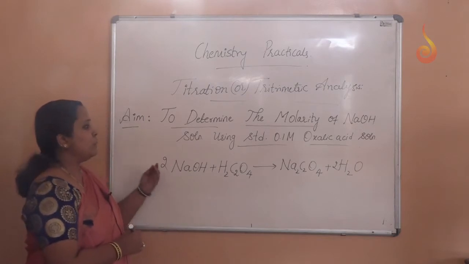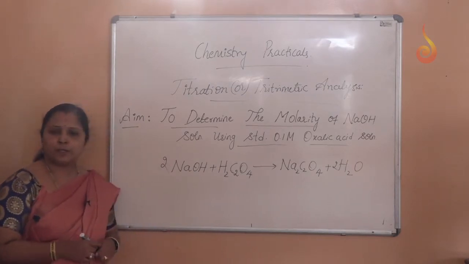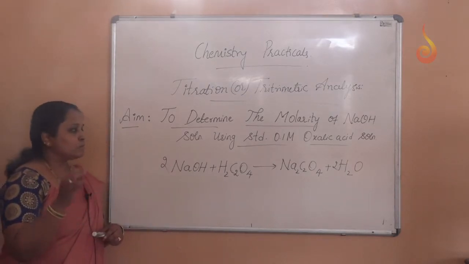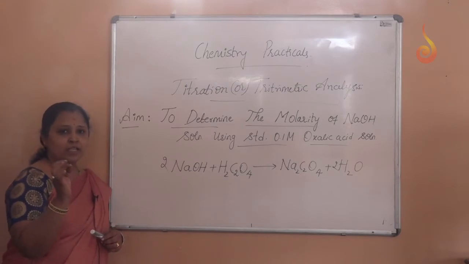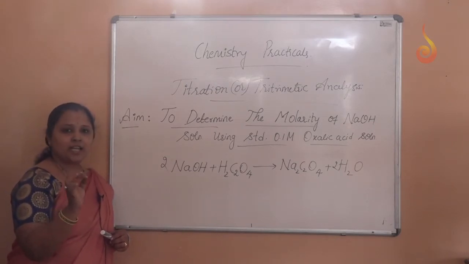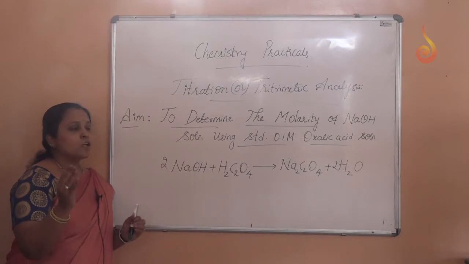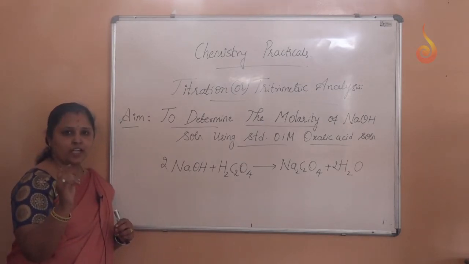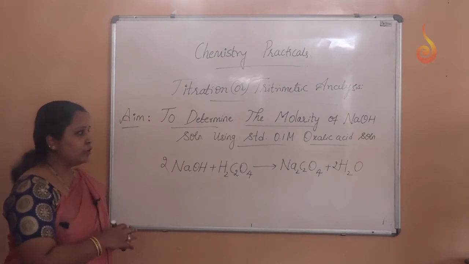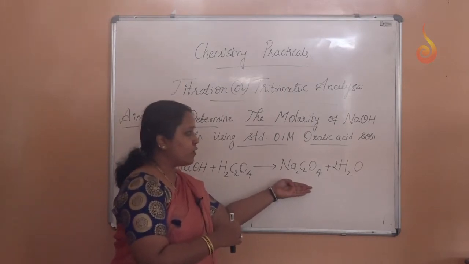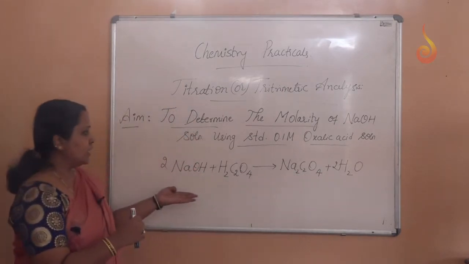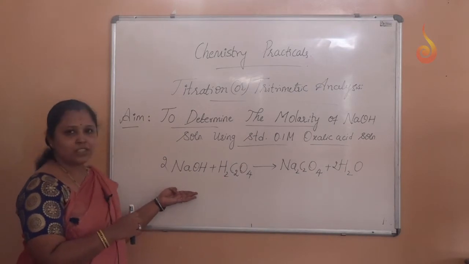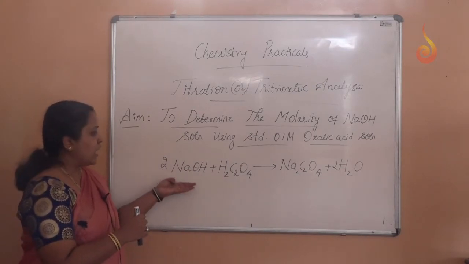Then what is the principle behind this experiment? The principle is sodium hydroxide is a base, oxalic acid being an acid. So when we mix these two, a neutralization reaction takes place leading to the formation of sodium oxalate and water. So this is the chemical equation for the reaction that is happening.